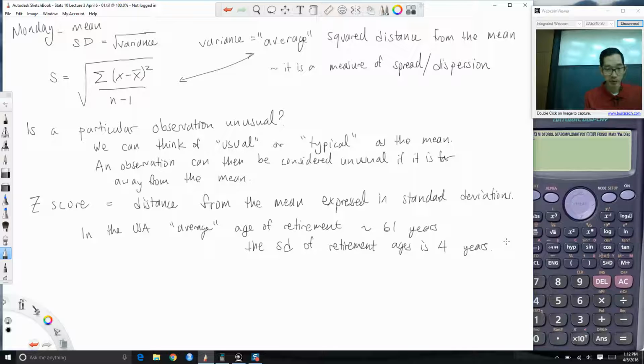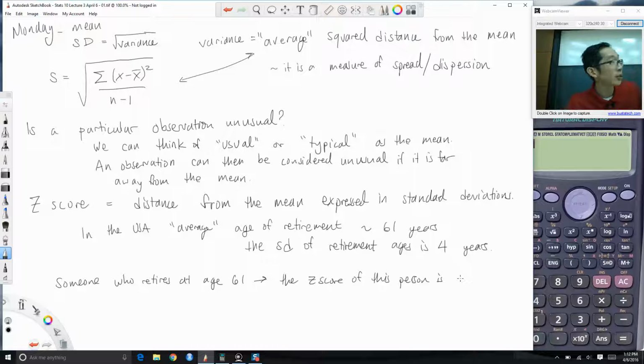Okay, so what this means is that someone who retires at age 61, his z-score, or her z-score, the z-score of this person is what? 0. Okay, this person's retirement age is right at the mean, okay? So the distance from the mean is 0, okay?